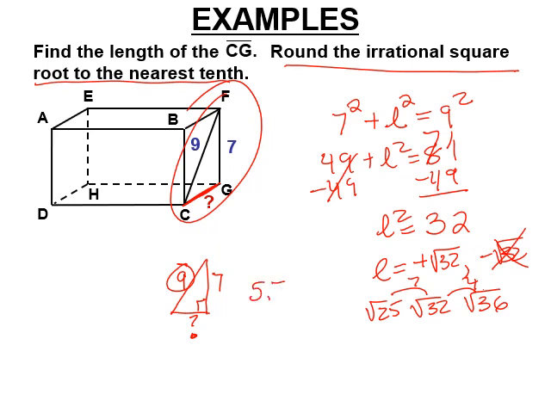Let's try 5.7. I don't know the answer. I'm guessing just like you would. 7 times 7 is 49. 7 times 5 is 35 plus 4 is 39. Step over. 5 times 7 is 35. 5 times 5 is 25 plus 3 is 28. 9, 14, 4 is 12.